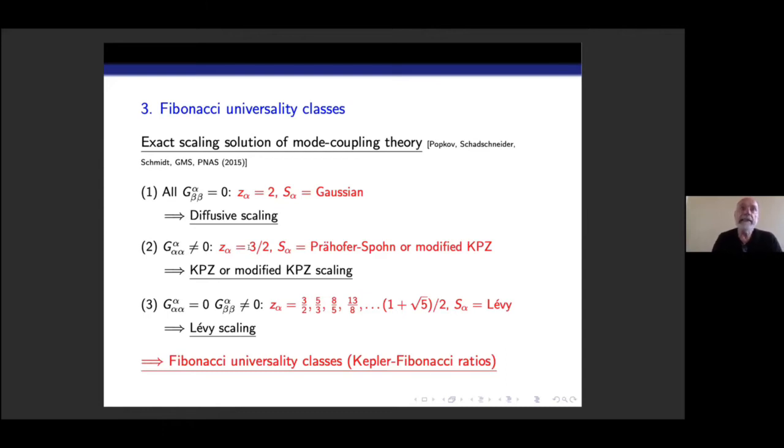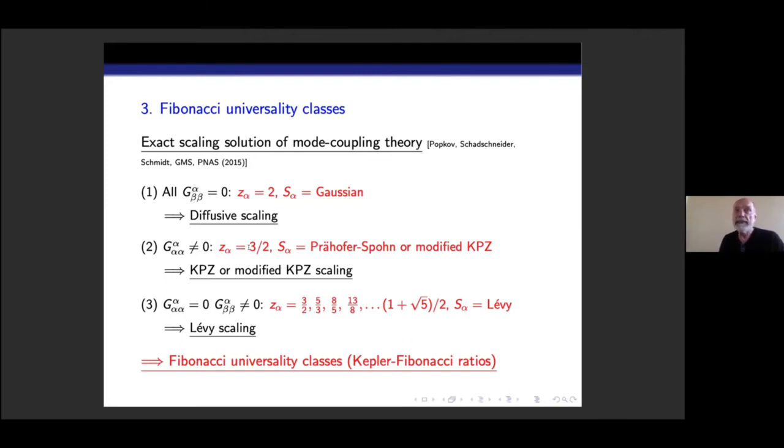And indeed, there is a case where the scaling function is the Prähofer-Spohn scaling function for the KPZ equation. But there's also a case, namely when you have a diffusive coupling to your quadratic mode, then there can be something different which is not really well understood. So you get a KPZ or modified KPZ scaling.